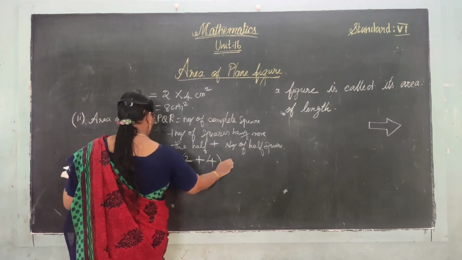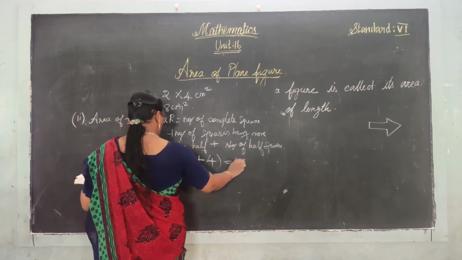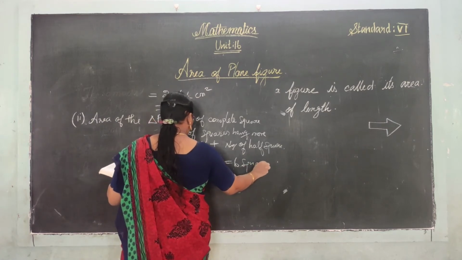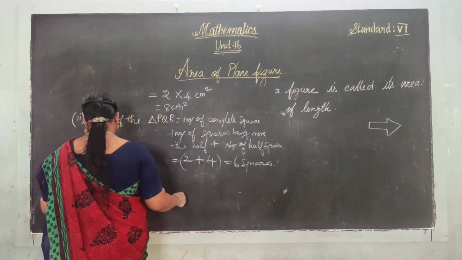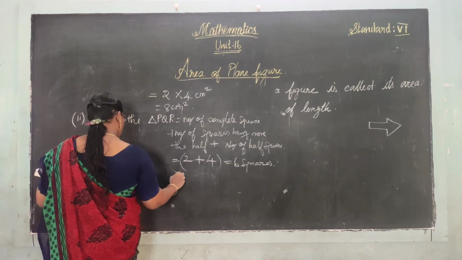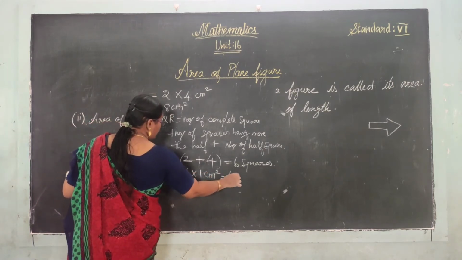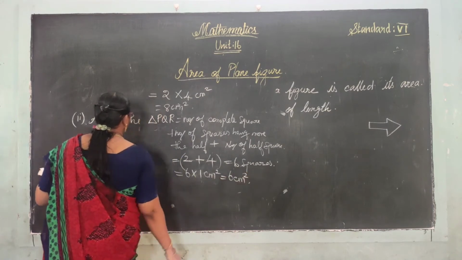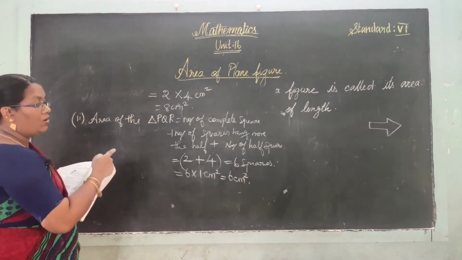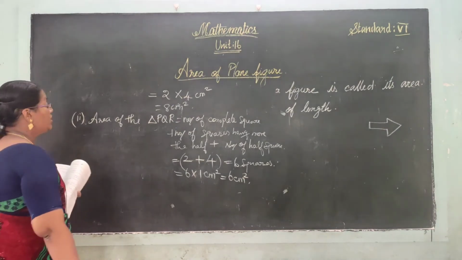Okay, totally 6 squares. So 6 into 1 centimeter square is equal to 6 centimeter square. So area of that figure is equal to 6 centimeter square.